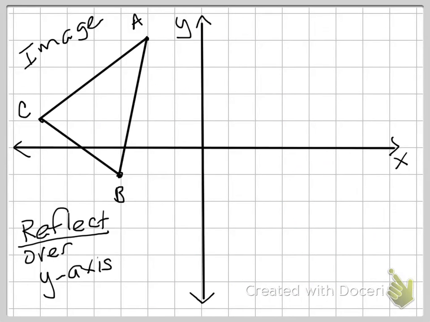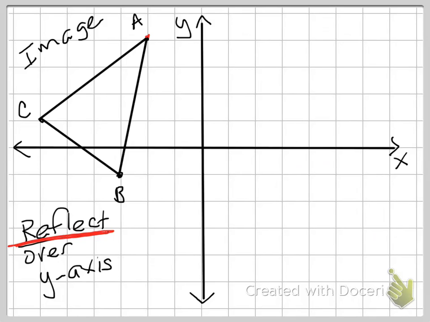Alright, our second transformation that we went over was reflection. So we went over only the basics of reflections, which was reflecting over the x and y axis. In this particular example, we're going to reflect this triangle over the y axis. So that means we're going to find every vertex A, B, and C and reflect it over the y axis.